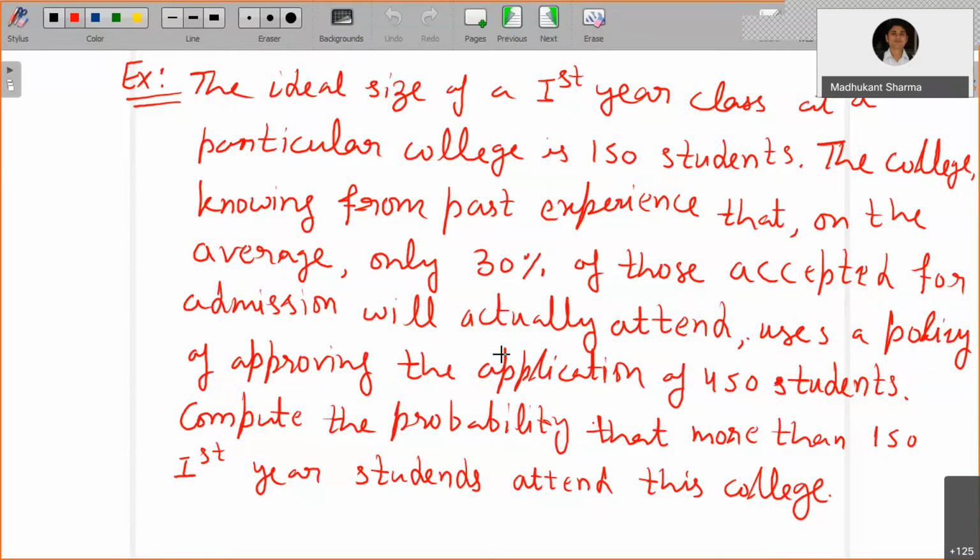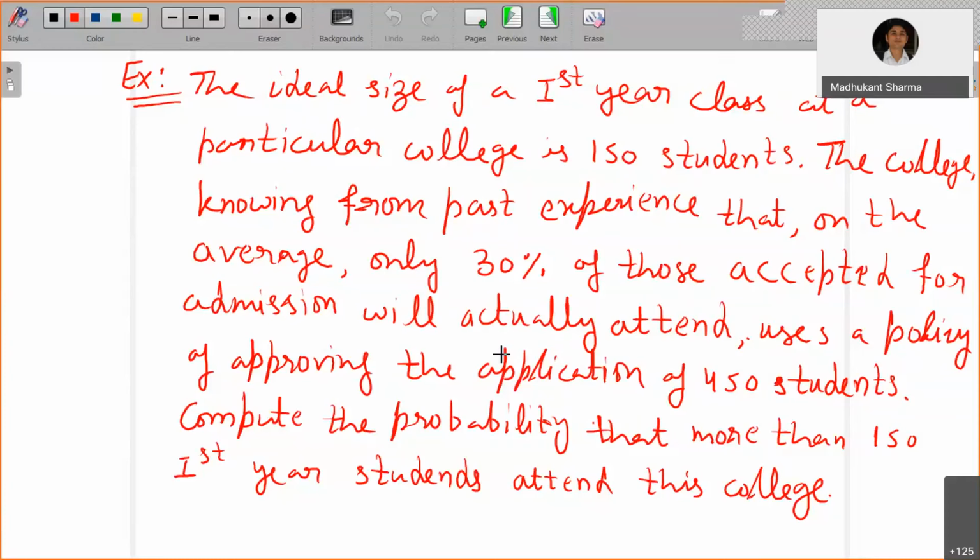So what is the probability? We are interested in computing the probability that more than 150 first year students attend this college. That's the target: the college has to enroll 150 students in a certain course, so it is going to approve the applications of 450 students because of past experience that only 30% of those accepted for admission will actually attend.